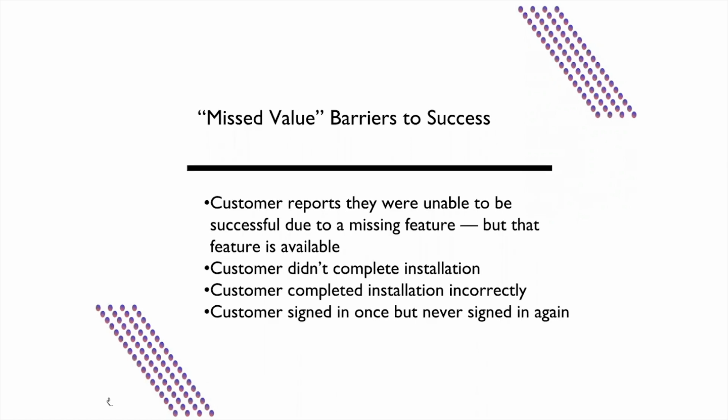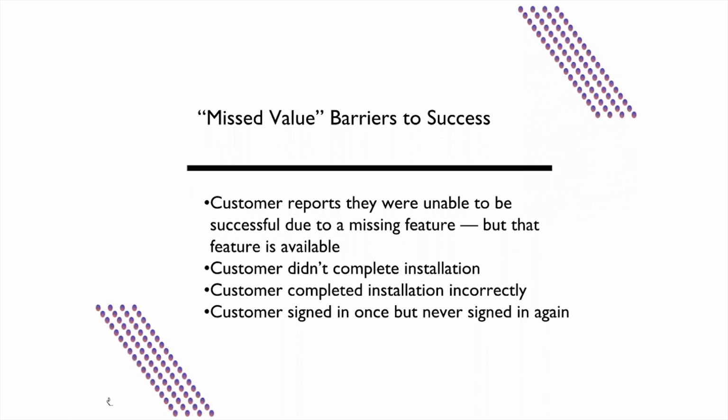And then these missed value barriers. These are my favorite opportunity for you to help your customers be successful. They are when people report that you don't have a feature that they really wanted, but you actually do have a feature. So somebody came to your product and just missed out on the value that it offers. Maybe somebody didn't complete the installation.